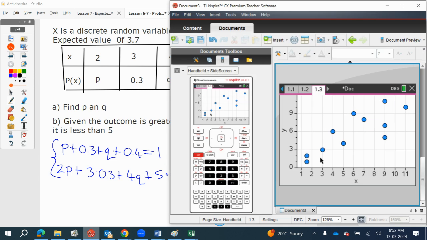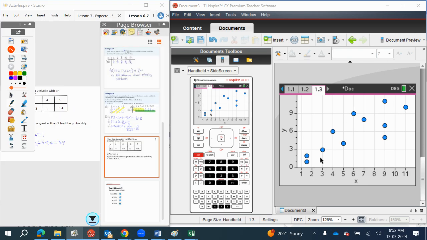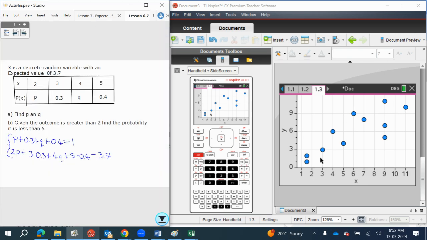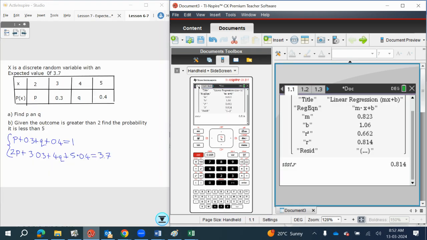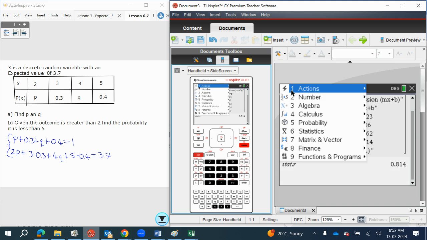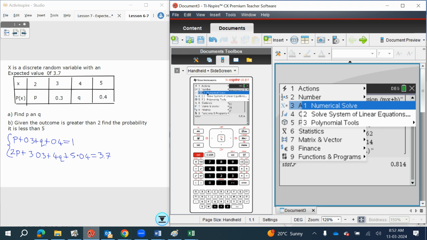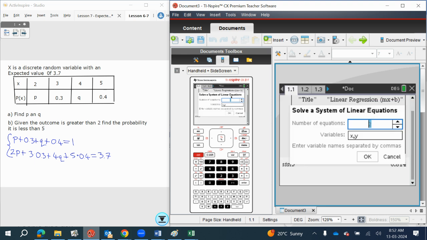So let's have a go at typing that one in now. Let me shrink that over here, a little smaller. Have a go at typing it in or follow me through. So menu, algebra, solve a system of linear equations.